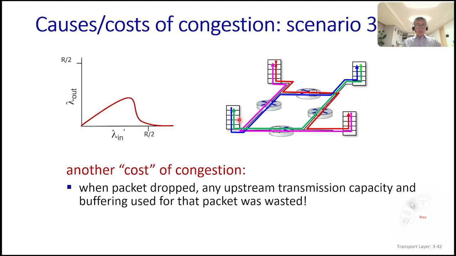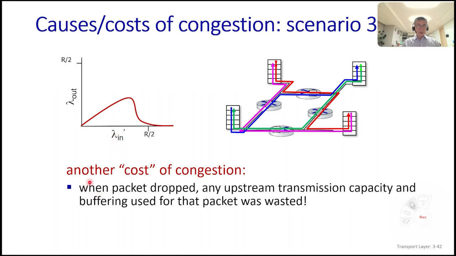That's why this kind of thing happens: the input rate lambda is more than the output, and then this dropping happens. This is because the four nodes are occupying and competing with each other for their transmissions.